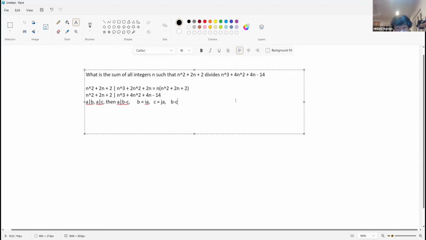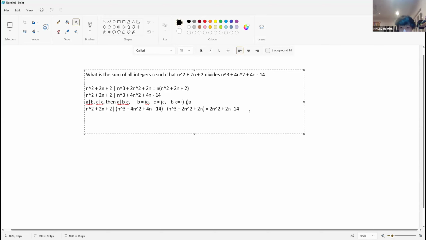So therefore b minus c is equal to something times a. So that means n squared plus 2n plus 2 divides the difference of those two, which equals 2n squared plus 2n minus 14.